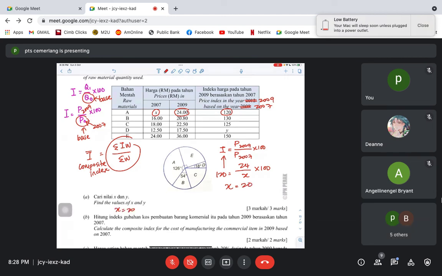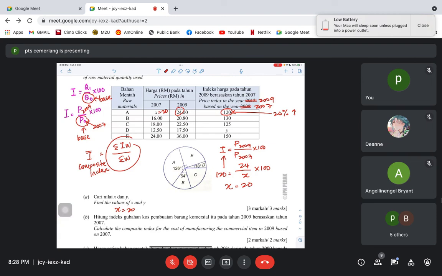Why is it important for you to know apa maksud ni? Kan question cakap 120 ni maksudnya apa? 20% increase. Now you understand it's 20% increase. Kalau jawapan kamu x ni is 20, is it logic kah? Tengok jawapan 24, logic kah kat sini? Logic lah, sebab 2007 pergi 2009 dia ada 20% increase. So maksudnya 20 is your base price. And then after 2 years, dia naik jadi 24 ringgit.